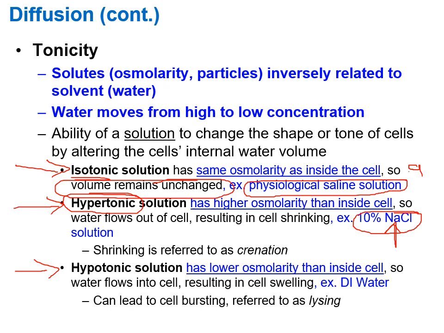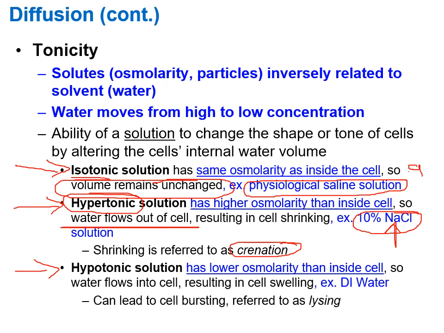So if our cells are exposed to this environment of 10%, what we see is we have a hypertonic solution. And if there are more solutes, that means that there is less solvent. And this will then cause the water to be drained out of our cells. In a hypertonic solution, water comes out of the cell, allowing the cell to what we call crenate or shrink in its overall size. So isotonic, we stay the same.